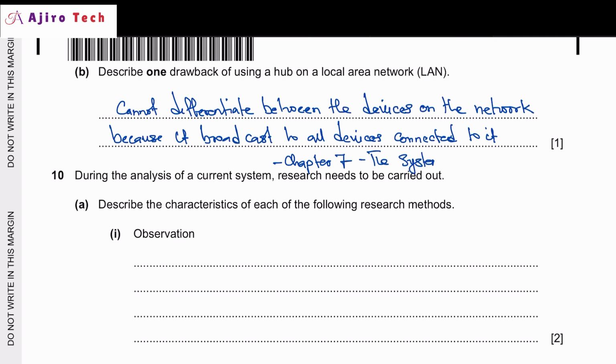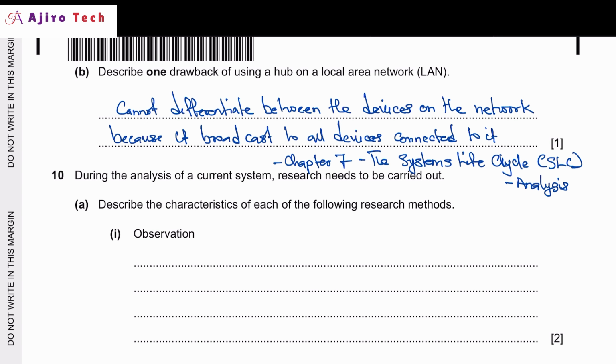The system's life cycle. And under this, we're looking at it at what? Analysis. Okay? Describe the characteristics of each of the following research methods.